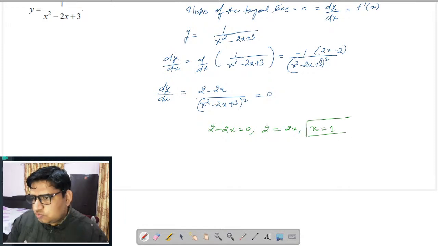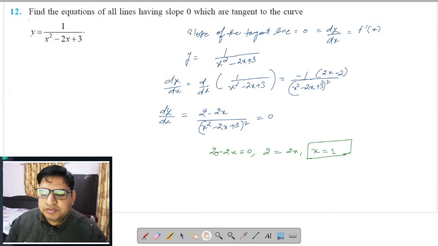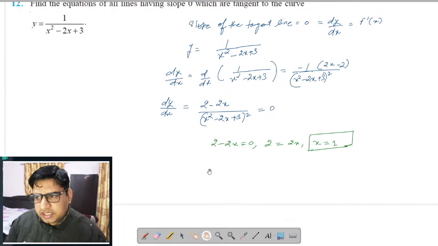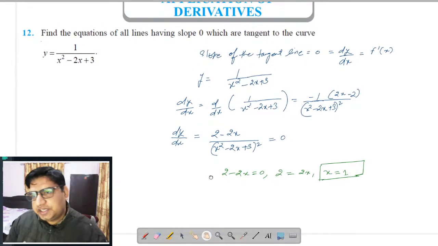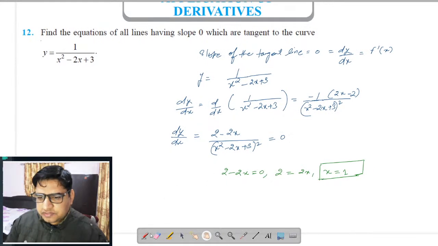So x is equal to 1 is the only point where the slope of the tangent line is equal to 0. So we'll try to find the y coordinate of this point. The y coordinate can be found by using this.